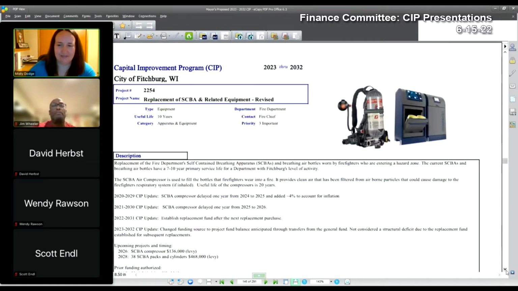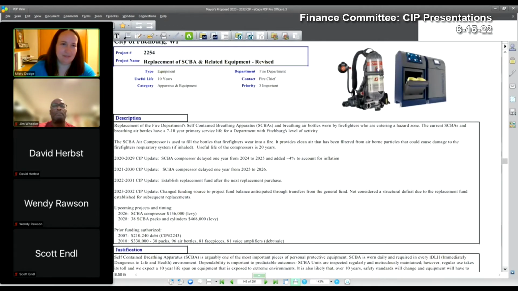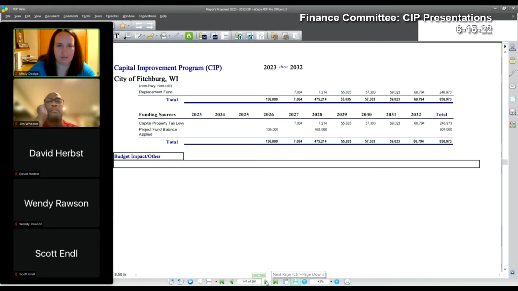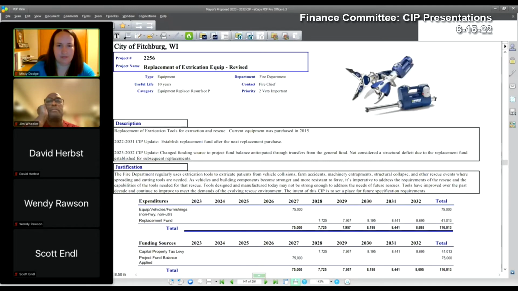2254, this one is revised because a fund balance has been established with future purchases. Nothing else has really changed on that one. 2256, extrication tools, once again, revised because a fund balance has been established.